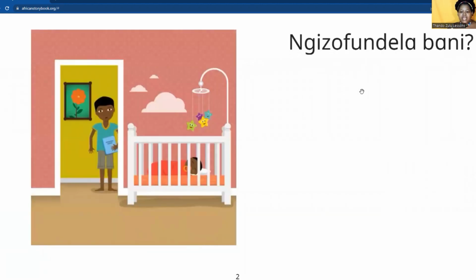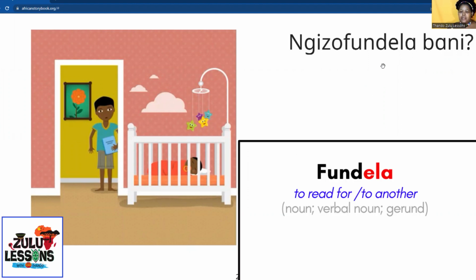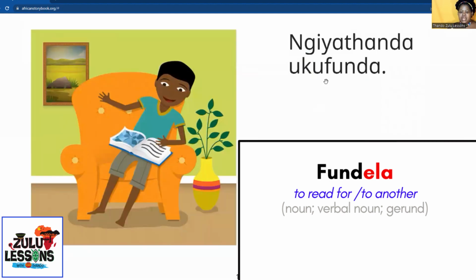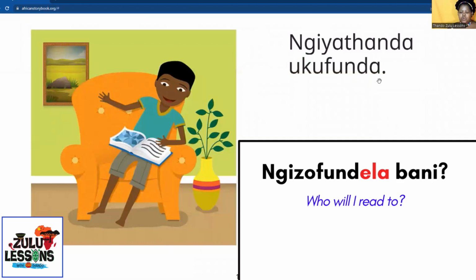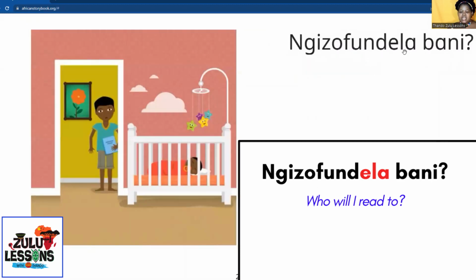Ngizofundela bani. Look at that verb. The verb here, fundela. We've just seen this verb funda, just ending as a. But now we see it having an extension, and that now changes the meaning of the verb.